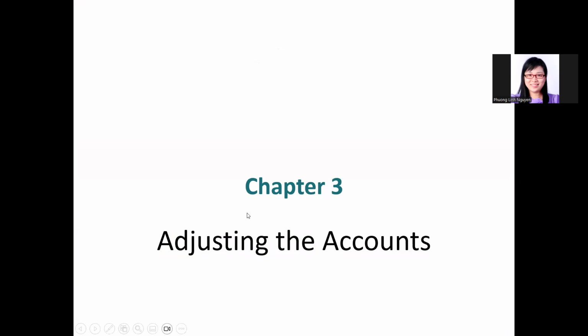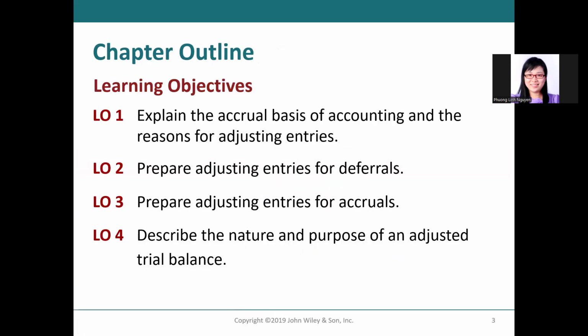The word adjusting here means fixing, making things correct. So adjusting the accounts means that we need to do something so that the accounts will reflect the right numbers, or the correct numbers, before we prepare the financial statements.